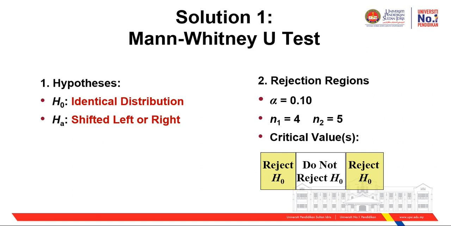As long as the hypothesis can be understood, it should be fine. Both step 1 and step 2 are based on the data given. You are given alpha 0.1, N1 equal to 4, N2 equal to 5, so you may find the critical value from the table using this information, and I will show you how to find the critical value later.